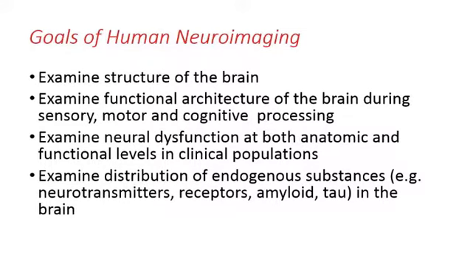The goals of human neuroimaging would be to examine the structure of the brain, look at the functional architecture of the brain during sensory, motor, and cognitive processing, look at neural dysfunction at both anatomic and functional levels in clinical populations and compare those with non-clinical populations, and also look at the distribution of endogenous substances like receptors and neurotransmitters, and the presence of neuropathology associated with Alzheimer's disease, for example, like amyloid and tau.